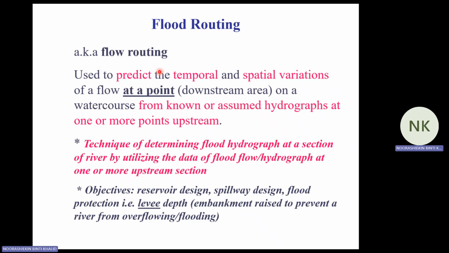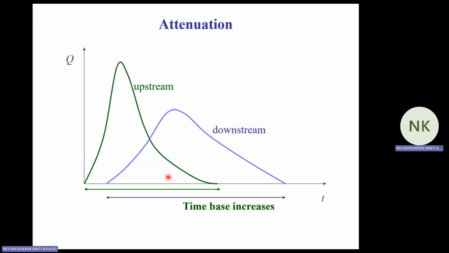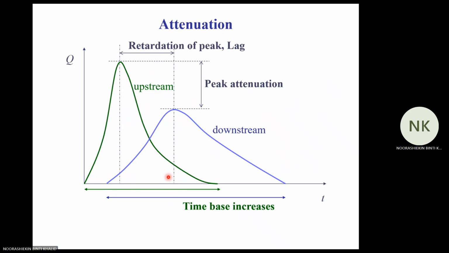This method is used to design reservoirs or spillways or also flood protection. This is the graph that you have to establish at the end of this lecture: the graph of inflow and outflow. Then you have to know the peak attenuation and also peak lag.